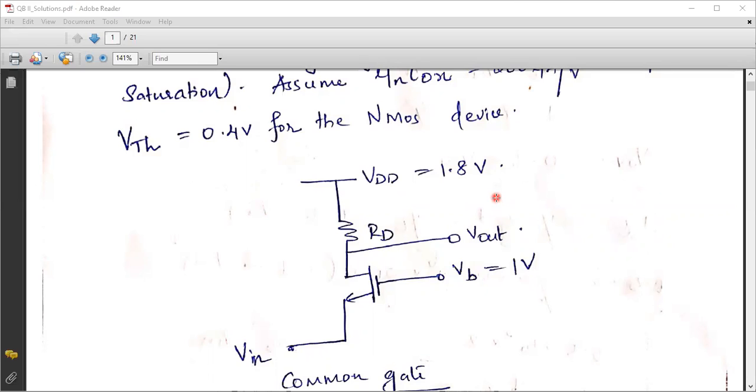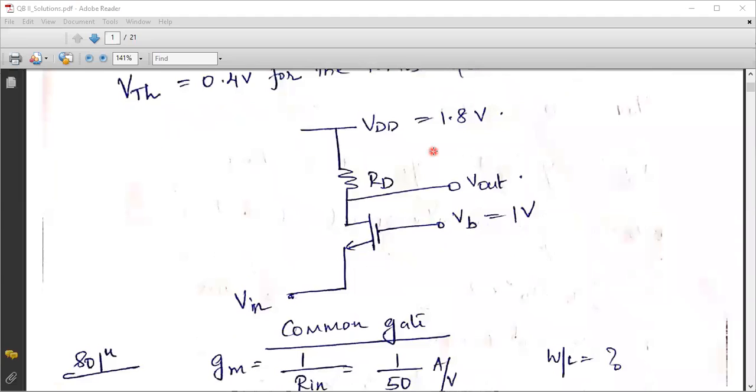Please note, in order to find the W by L ratio, you need to find the transconductance because you have already familiarized the derivation of transconductance. We have three distinct equations for transconductance. In order to solve W by L, that is the aspect ratio, you need to solve gm, that is the transconductance.